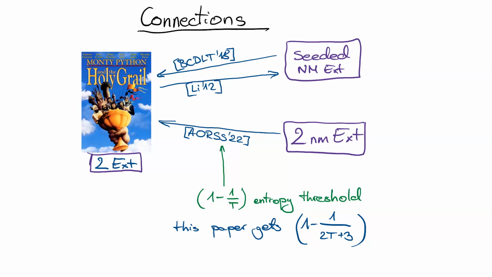We would get better two-source non-malleable extractors, like everything would be great. And this paper gets 1 - 1/2t, which is not quite the threshold, but it's the first paper that even gets close to linear dependency in the denominator. Okay. I hope you're equally excited about this, and thank you.